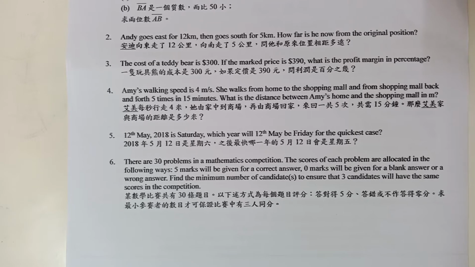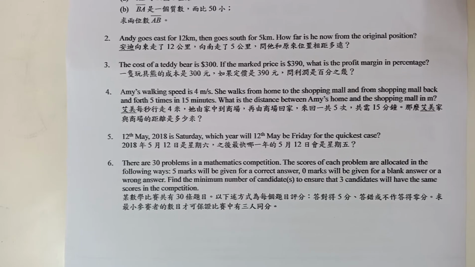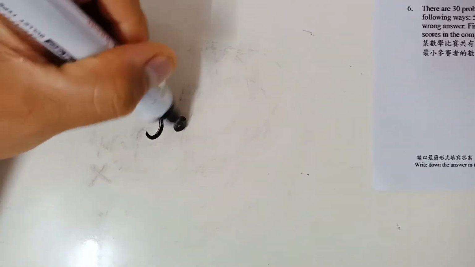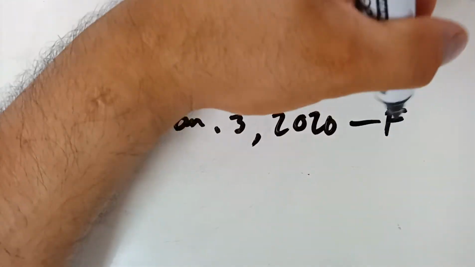For example, if the date today is January 3, 2020, and it's Friday.